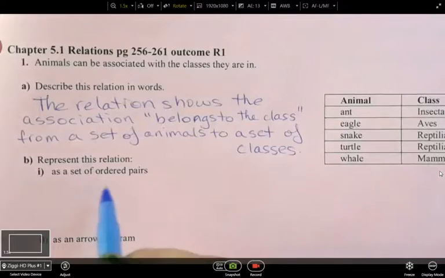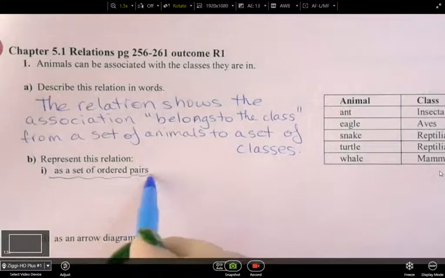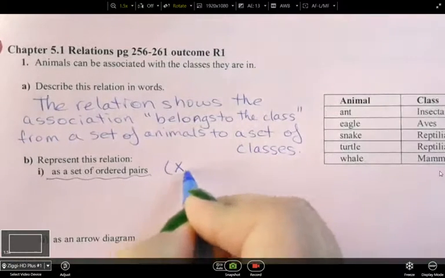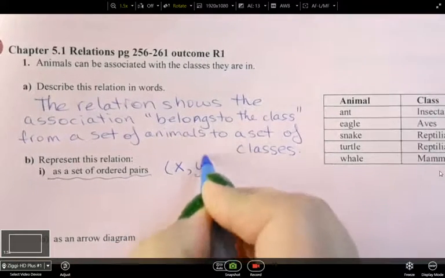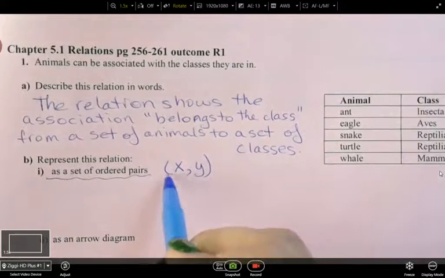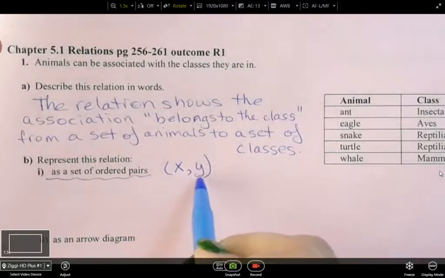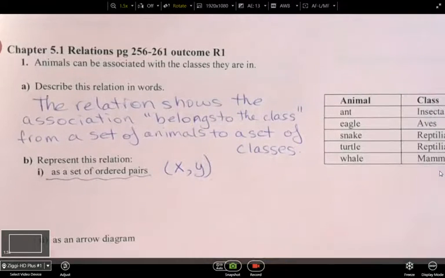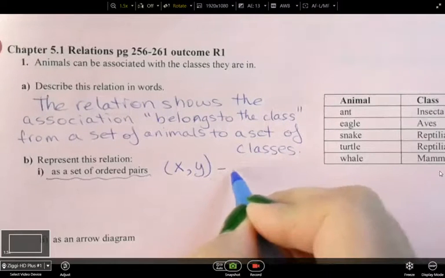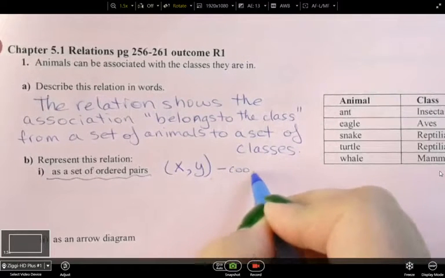Here it asks for you to represent it as a set of ordered pairs. Now, ordered pairs is when you have a bracket, x value, comma, y, and close bracket, okay? So these are just the same way that we list coordinate points, all right?